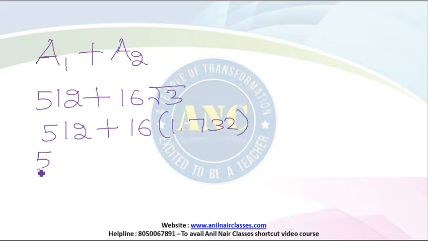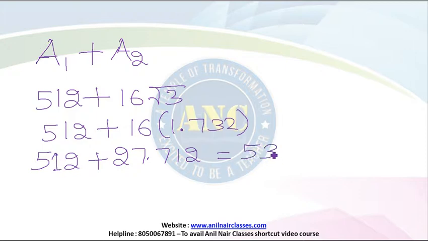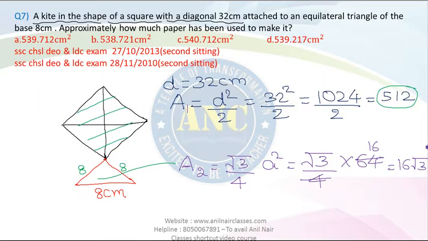Approximately you will get it as 27.712. That means 512 plus 27. Approximately your answer is 539.712 centimeter square. That means the answer for this question is option A.